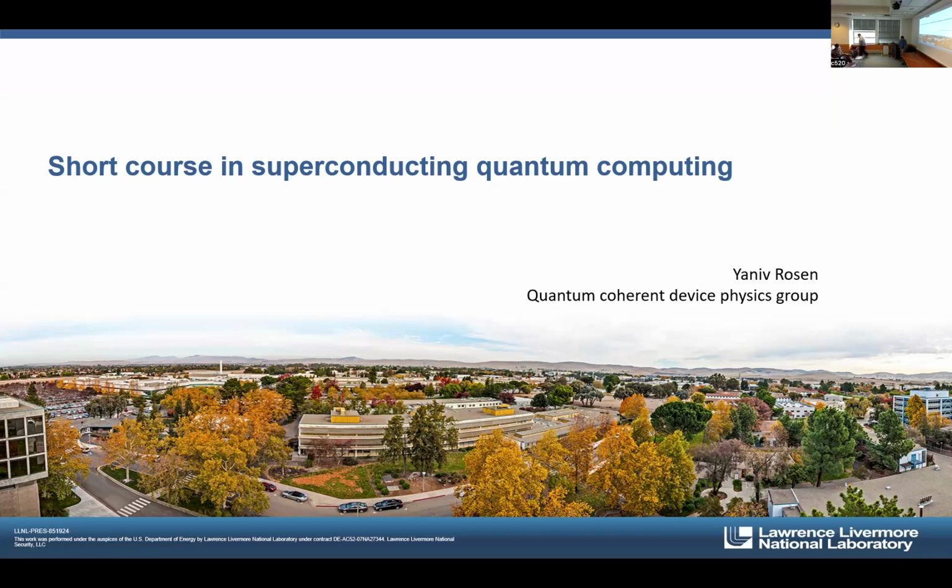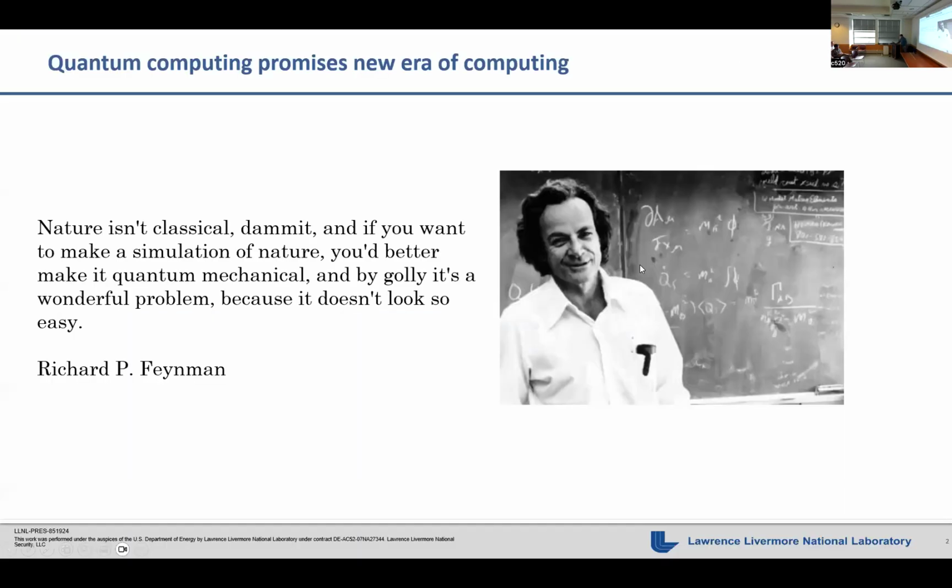Thank you very much. So my name is Yaniv Rosen. I'm from Lawrence Livermore National Lab, and at Lawrence Livermore, we're very interested in quantum simulations. A lot of people tell you that the reason you want to do quantum simulations is so that you can recover lost Bitcoin passwords. But in the 1980s, Feynman coined the idea of actually using quantum simulations, quantum type computers, to do computations for quantum mechanics.